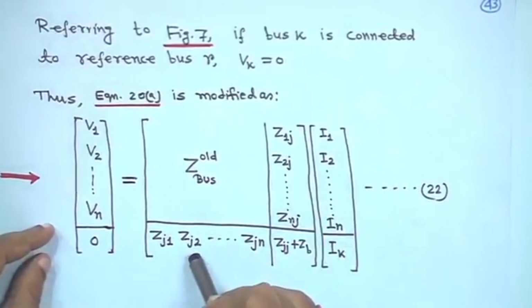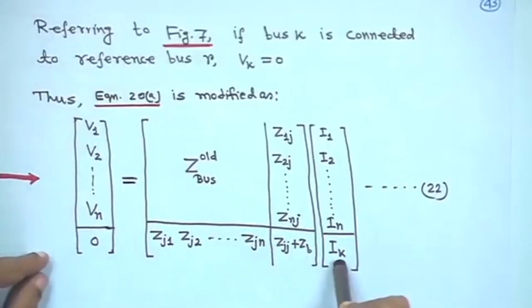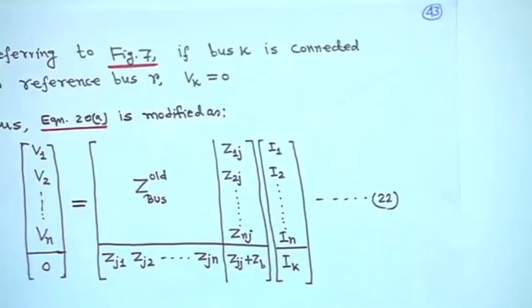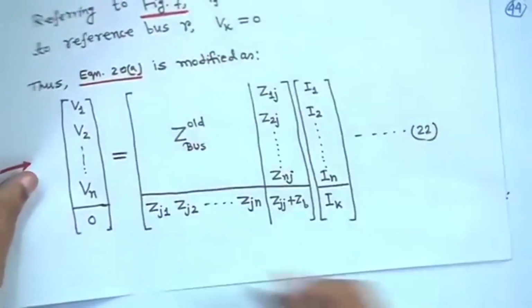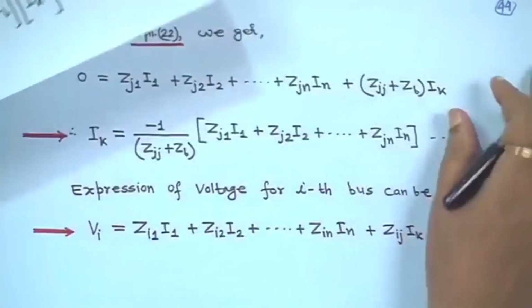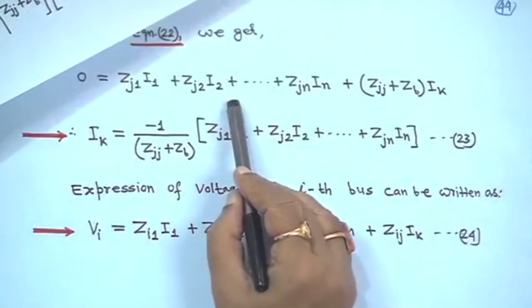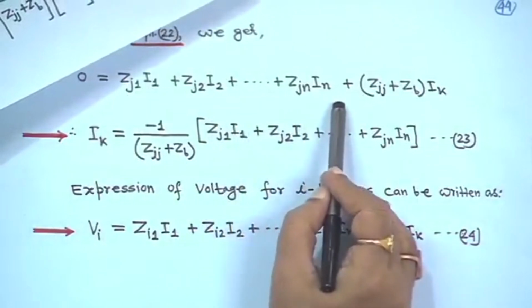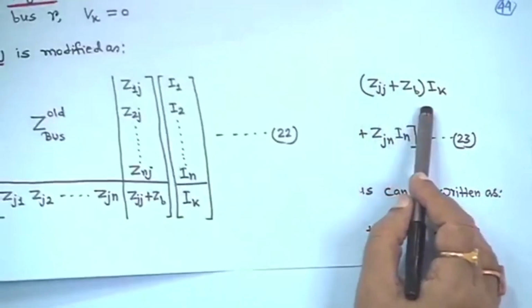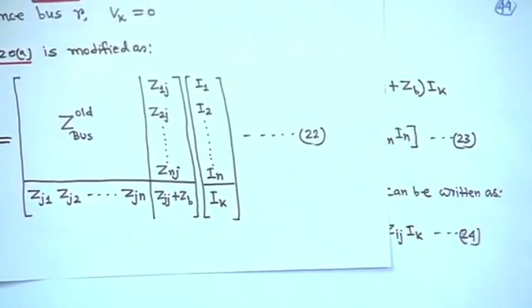From this equation, first you have to find the expression of Ik. This last row can be written as Vk is 0, equal to Zj1 I1 plus Zj2 I2 up to Zjn In plus Zjj plus Zb into Ik, right.